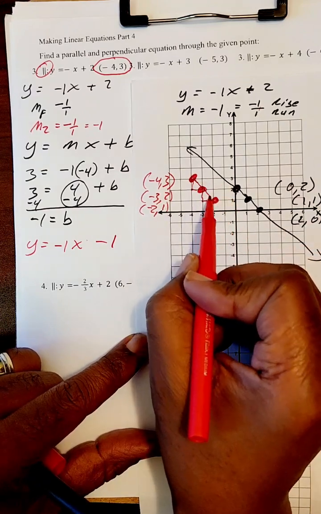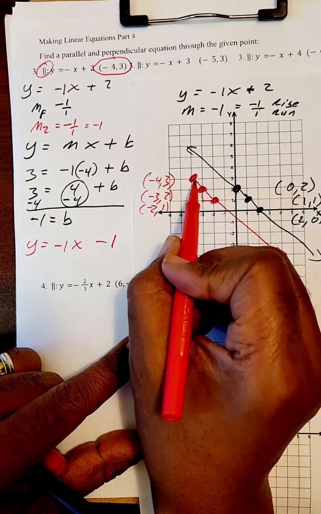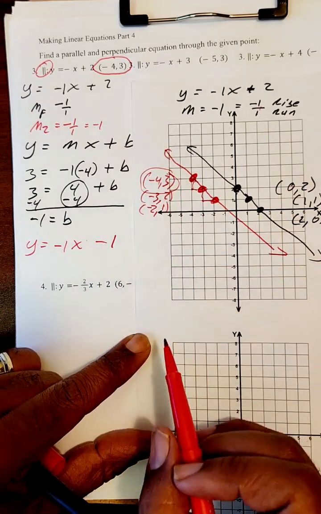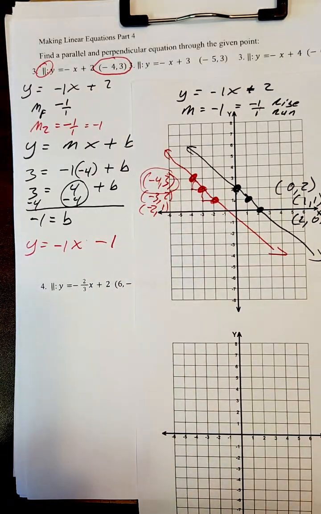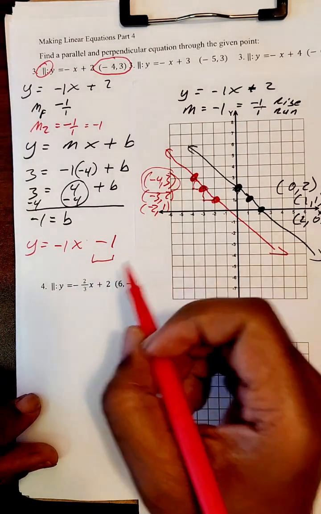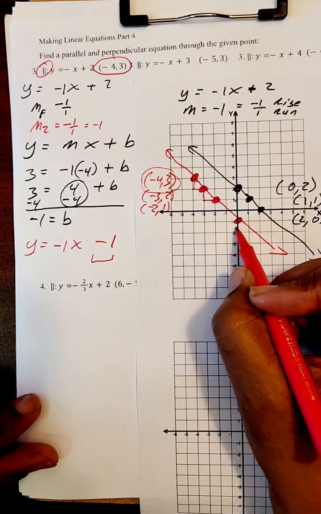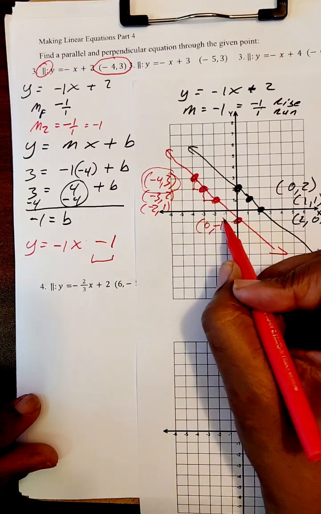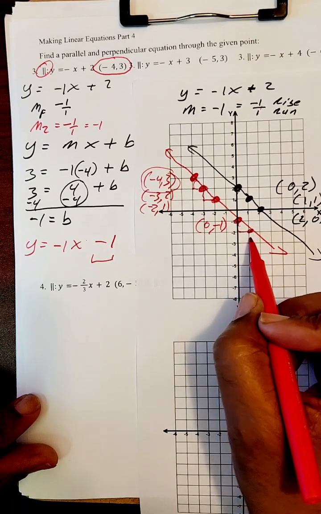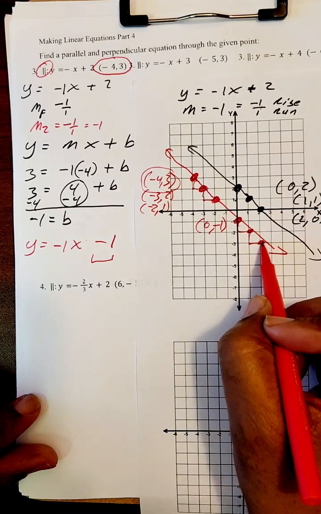And that line does look parallel, and it goes through negative 4, 3. Now we could have used the y-intercept, which is 0, negative 1, and still got the same line by going down 1 over 1.